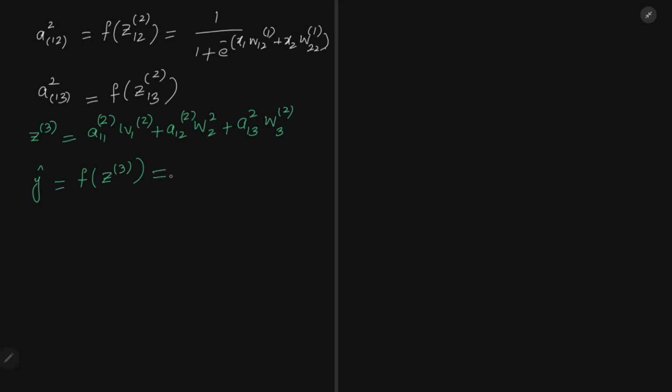We have 1 over 1 plus e raised to power minus z. We put the value of z3. It should be z3. It means the third one is the output.